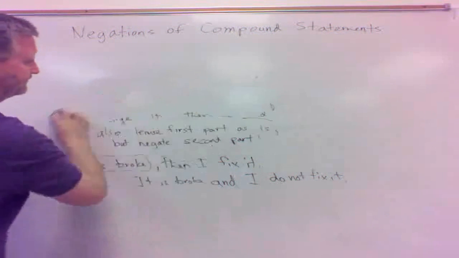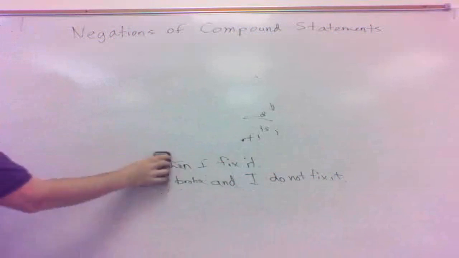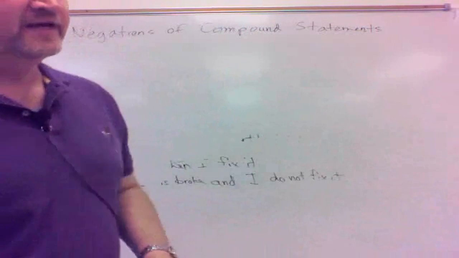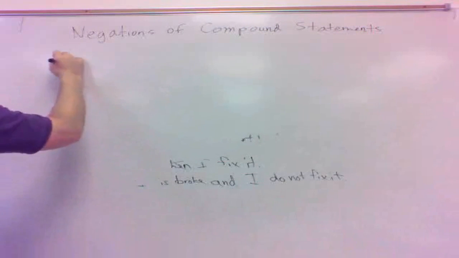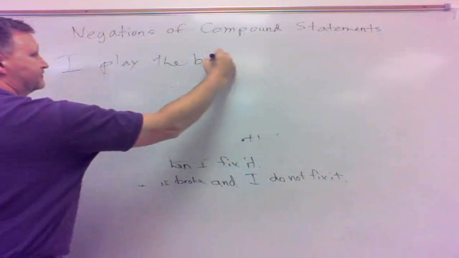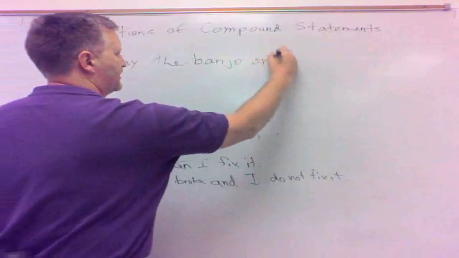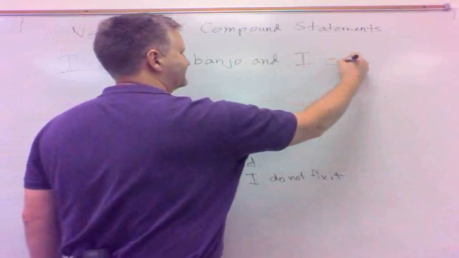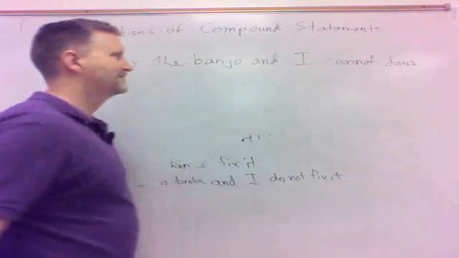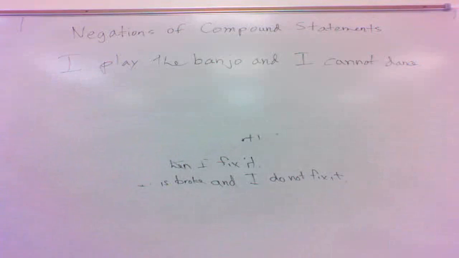All right. Okay, so negate this. I play the banjo and I cannot dance. Not really talking about myself personally, but maybe I am. I can't play the banjo, but anyway, all right.